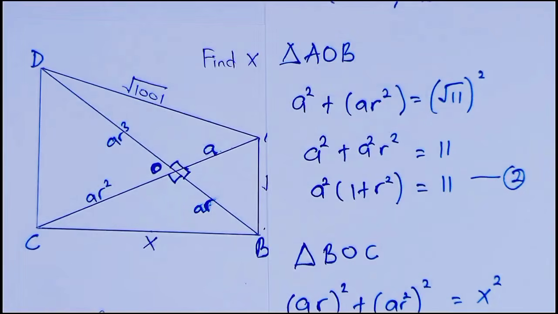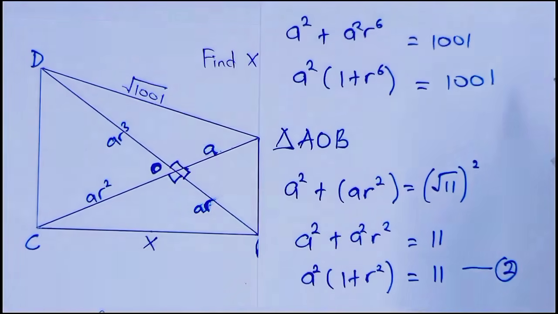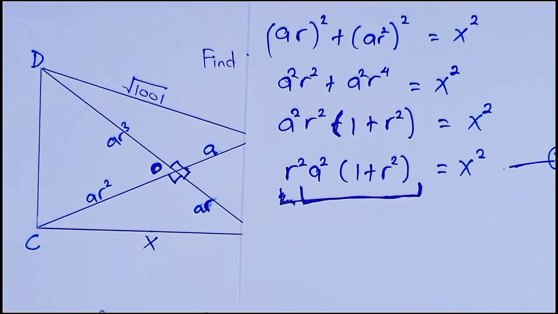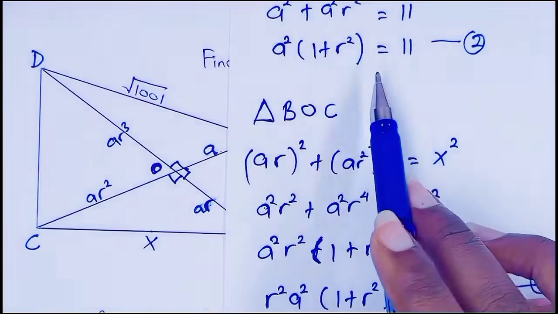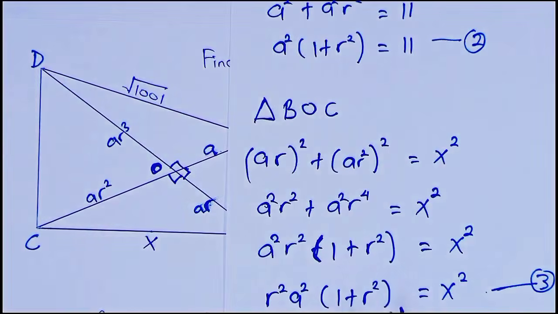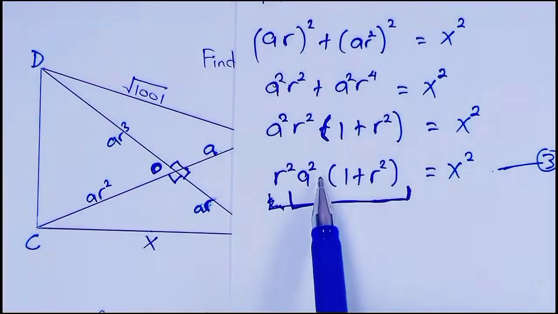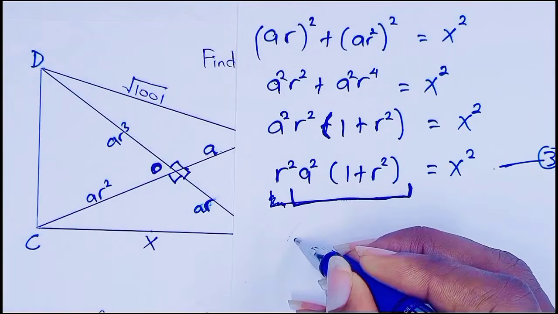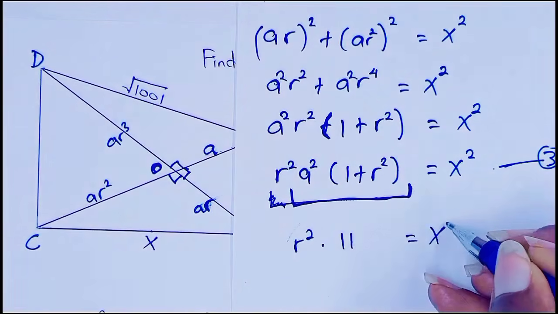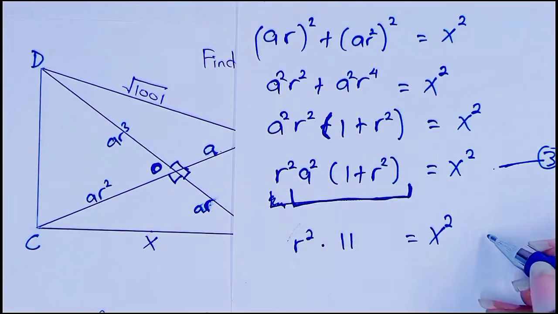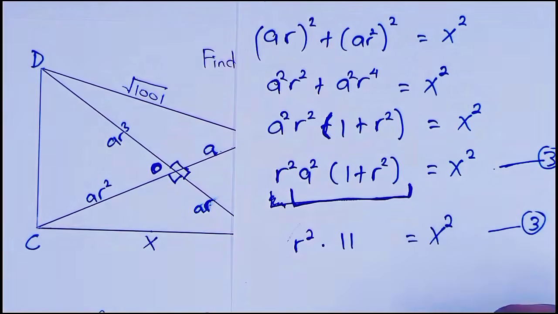And this one is equation 3, and the first one was equation 1. So since this is equal to 11, we can substitute it in here. So we shall have R squared times 11 is equal to x squared. So this is our equation 3 in a simplified way.